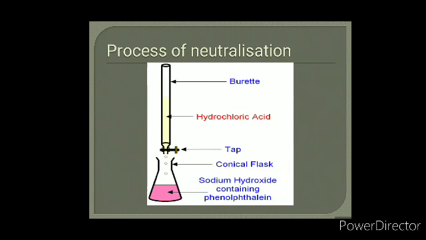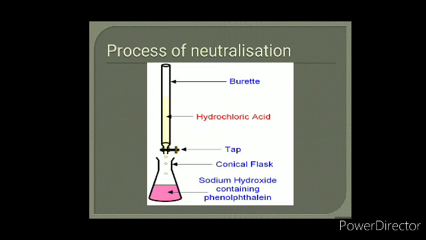So, the process of neutralization. How will you test whether the acid and base have completely neutralized? For this purpose, we have to do an activity. First of all, we take a test tube or conical flask.